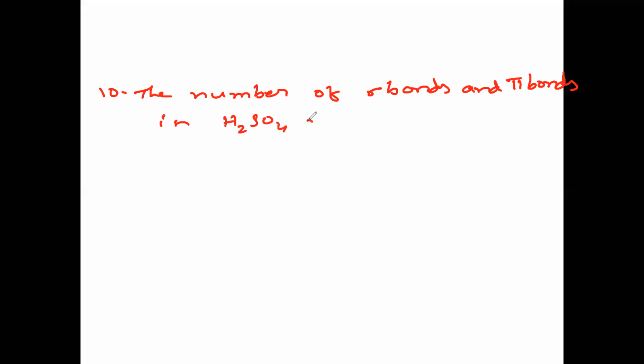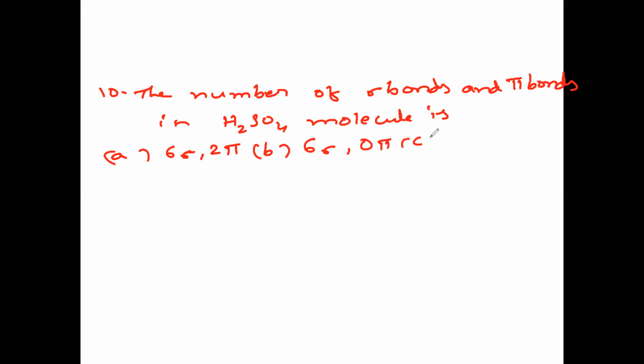Next question, question number 10. The number of sigma bonds and pi bonds in a sulfuric acid molecule is: option A, 6 sigma 2 pi; option B, 6 sigma 0 pi; option C, 2 sigma and 4 pi; and option D, 2 sigma and 2 pi.